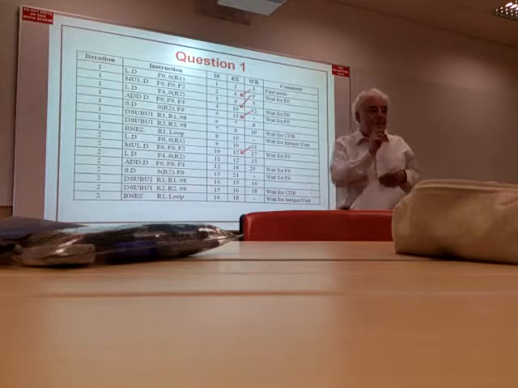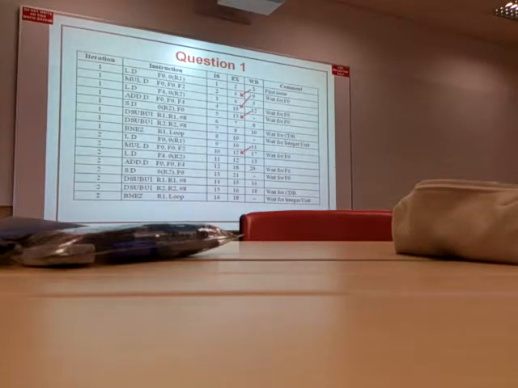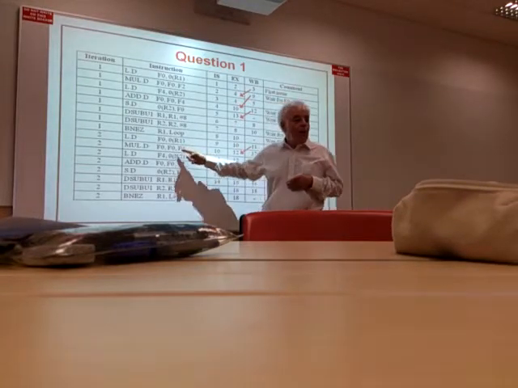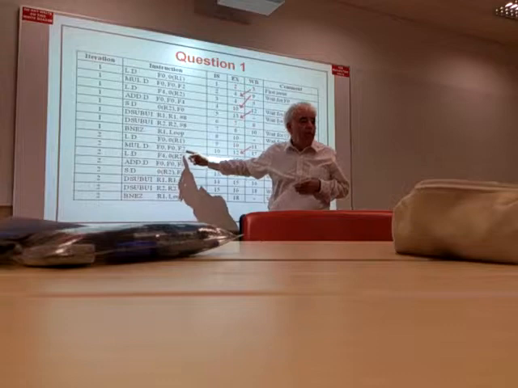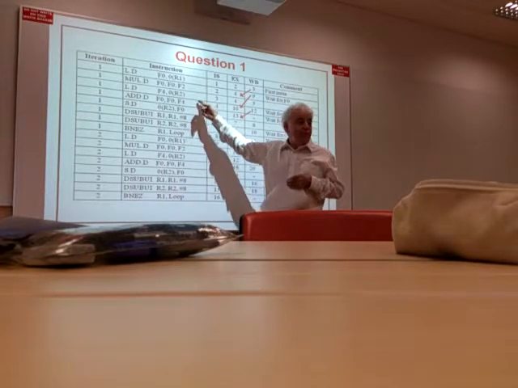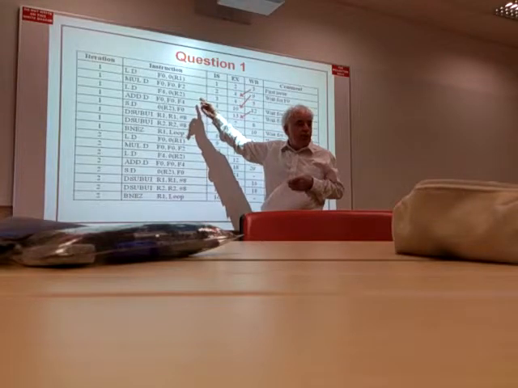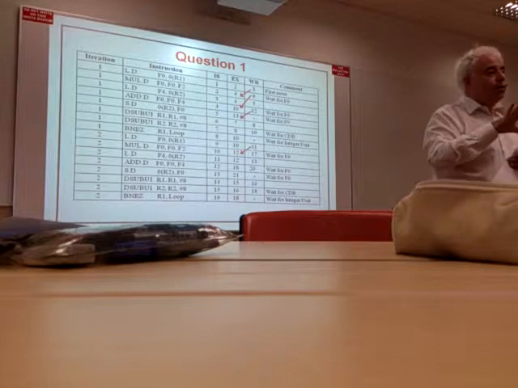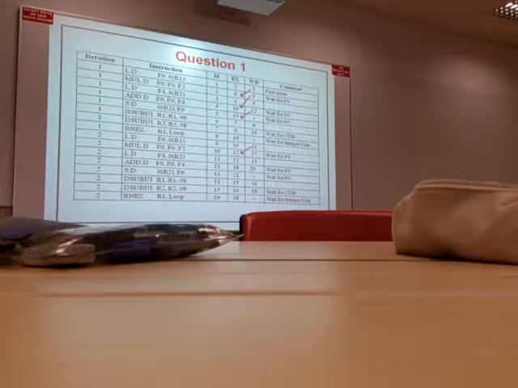Good question. The reason is that this is a different value of F0, because this is the value of F0 in the second iteration, this is the value of F0 in the first iteration. The hardware can do renaming, so the hardware can detect that this is a different value of F0.